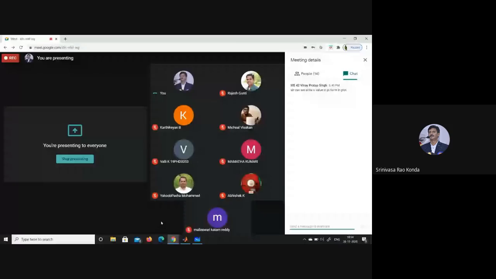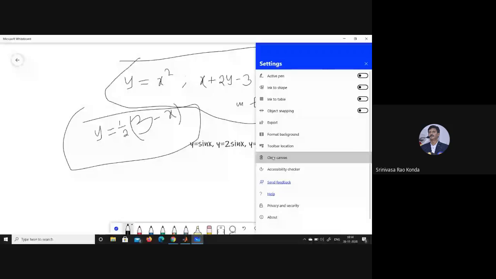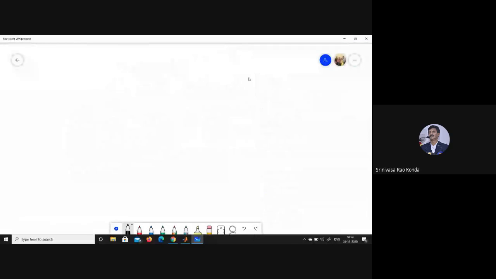Now we plotted a single curve in a figure window, and more than one curve in a single window. Now I want to plot more than one figure. Suppose this is the figure window.